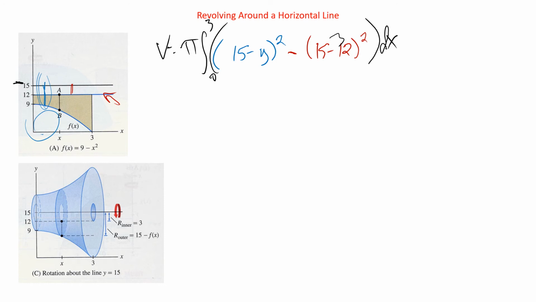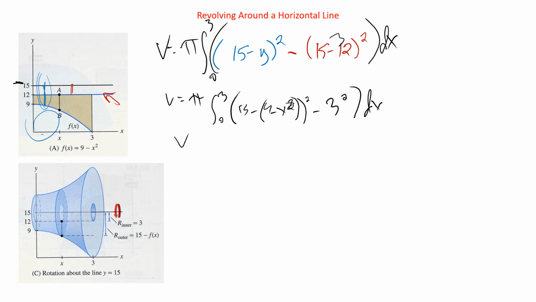Try this again. First, let's substitute in the y. 0 to 3, 15 minus y. Y is 9 minus x squared. So we have 15 minus 9 minus x squared, then that'll be squared minus 3 squared dx. 15 minus 9 is going to be 6.